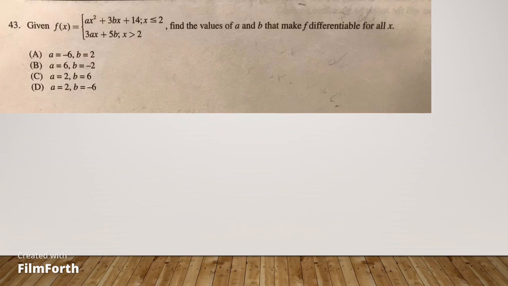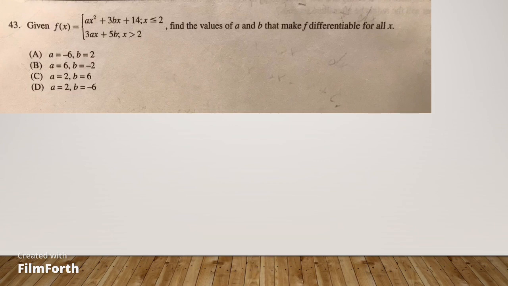Question 43. Given f of x equals ax squared plus 3bx plus 14 when x is less than or equal to 2, and f of x equals 3ax plus 5b when x is greater than 2. So this is a piecewise function.